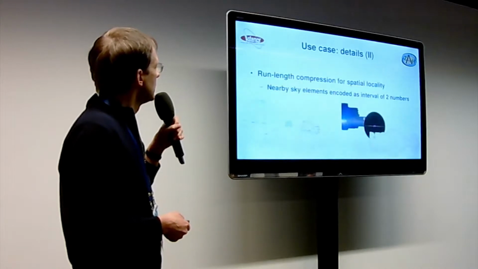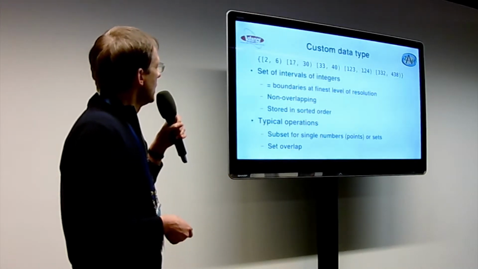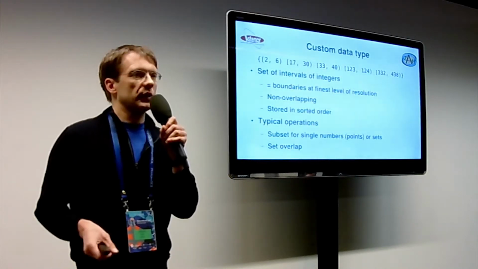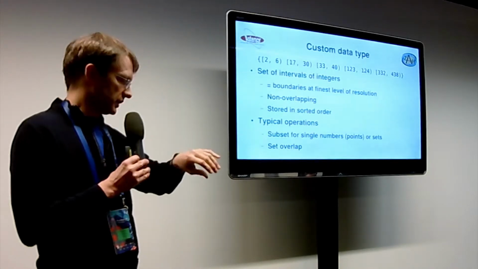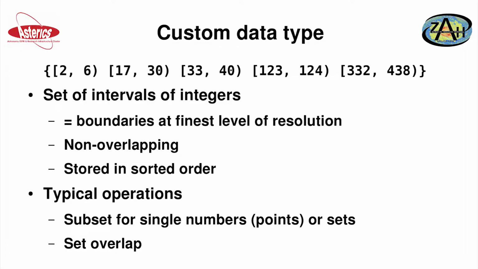Now I'm coming to the details of the implementation. So conceptually it's very easy. All these sky maps are represented by a very long, maybe sorted array, if you will, of half-open intervals. The difference is that we have intervals and not single points in the set.